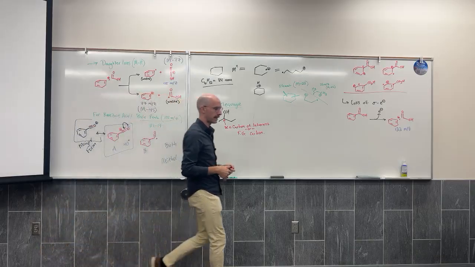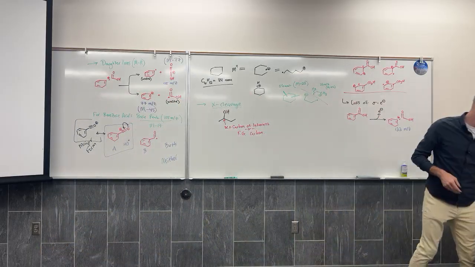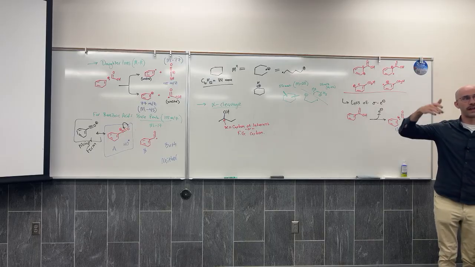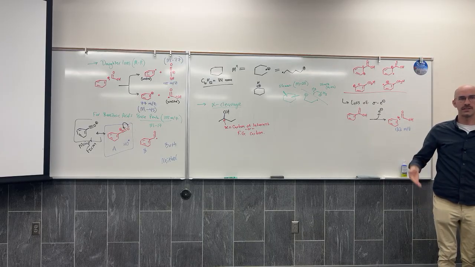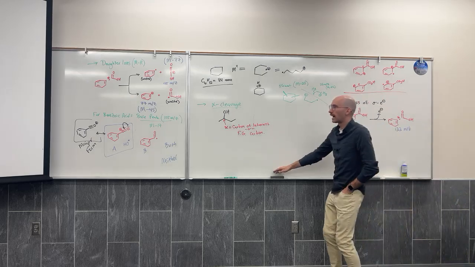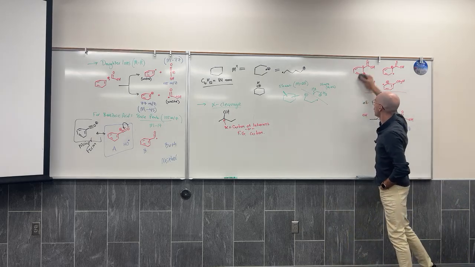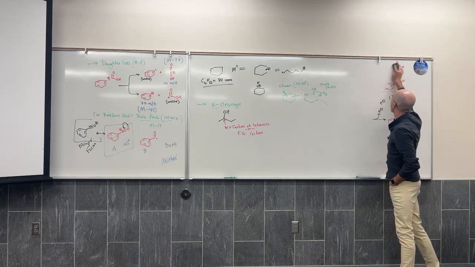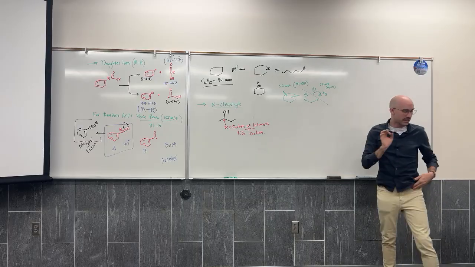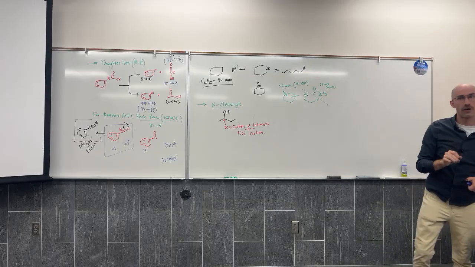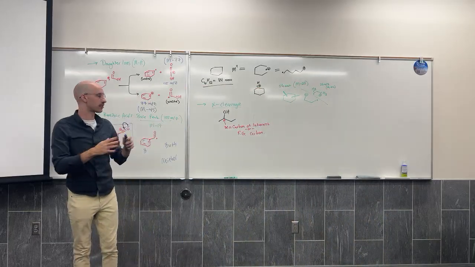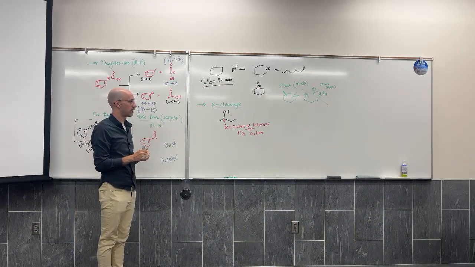So alpha cleavage is very common. Bonds will break so that the alpha carbon is being cleaved. Daughter ions often form as the result of alpha cleavage. There is a stability that the alpha carbon can give, and a stability that the functional group can give.